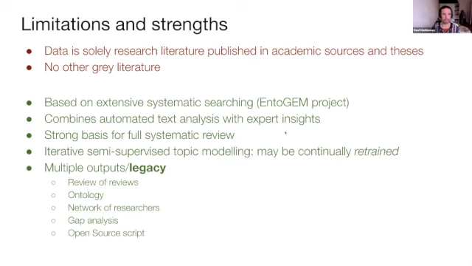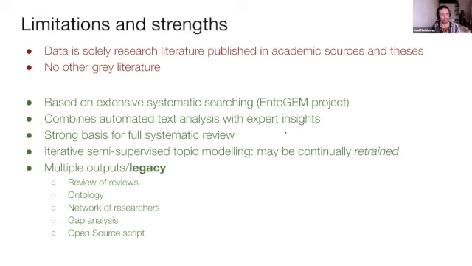But the strengths of this project, as I see it, are that we're basing the initial work on a project that I introduced earlier called the InterGem project, which is an existing project where there's been extensive systematic searching across lots of research literature. I'll explain a little bit more about where the evidence that we're using comes from.